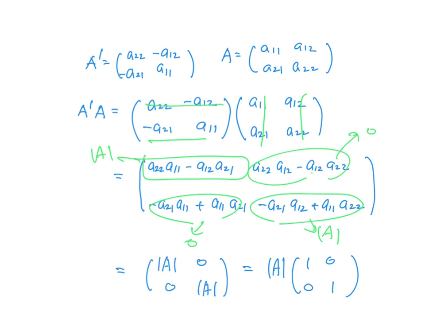New page. So let's summarize what we have been doing. So for example, A is A11, A12, A21, A22, and A prime. Actually, there is a particular name for this matrix, but right now just say A prime: A22, minus A12, minus A21, A11.